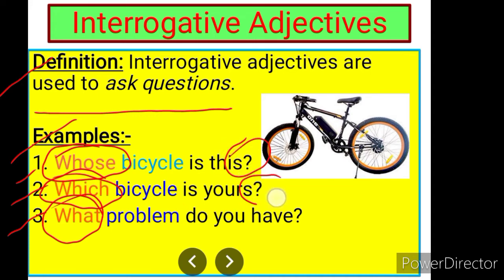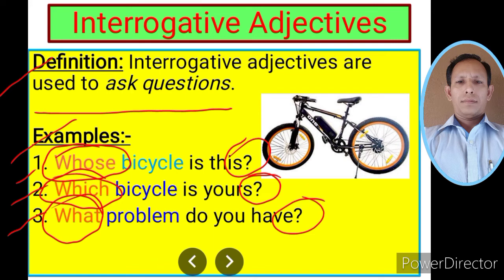Yes, mark the interrogation marks. These three sentences are actually questions, and to ask questions the words whose, which, what are used. So the adjectives which are used to ask questions are interrogative adjectives.